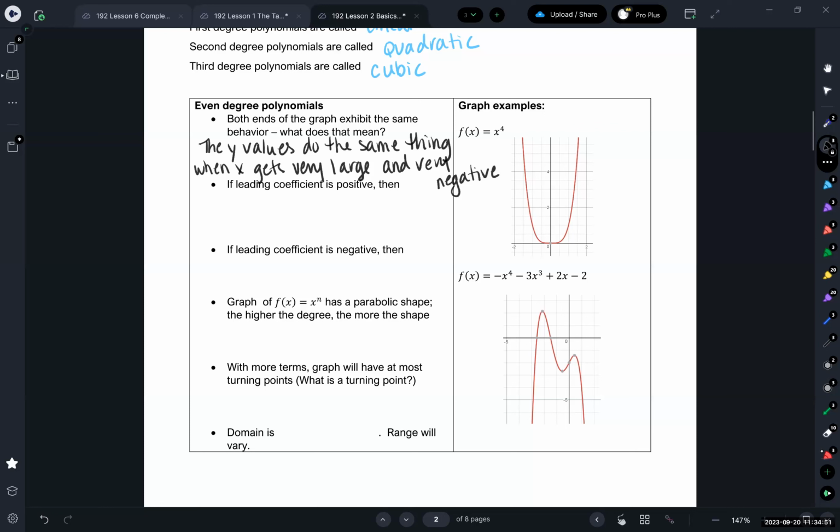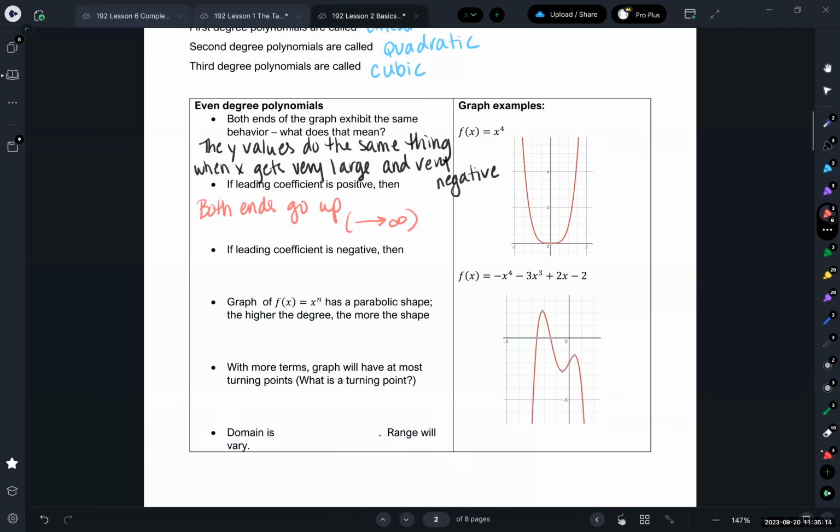So if the leading coefficient is positive, which is what we have in that first example, then what's happening? Both sides of that graph are going up. So both ends go up. One way we say that is with that arrow, remember the arrow means approaching.